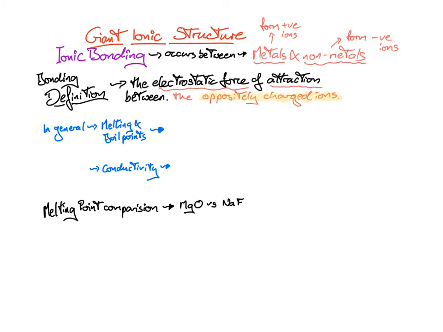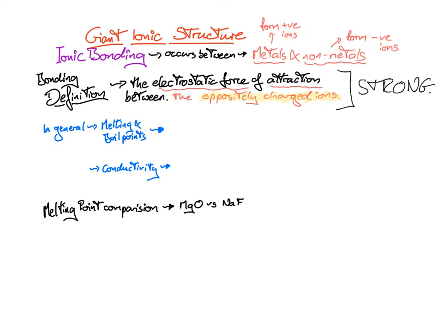Okay, so being a giant structure, giant being infinitely repeating, a big crystal, we have lots and lots of oppositely charged ions, and the forces between them are strong. So, if we look at the melting points and boiling points, what are we doing?